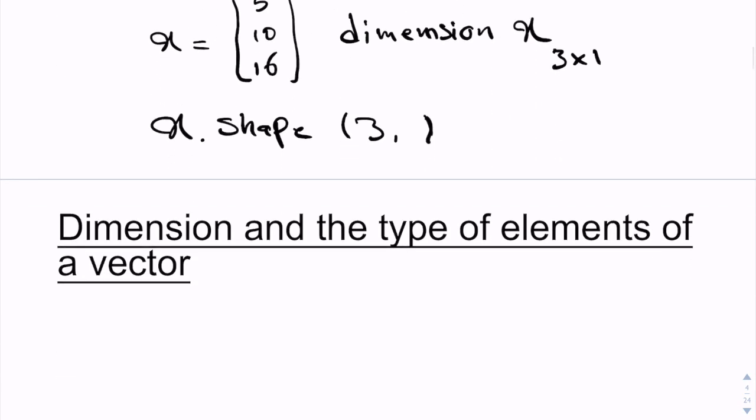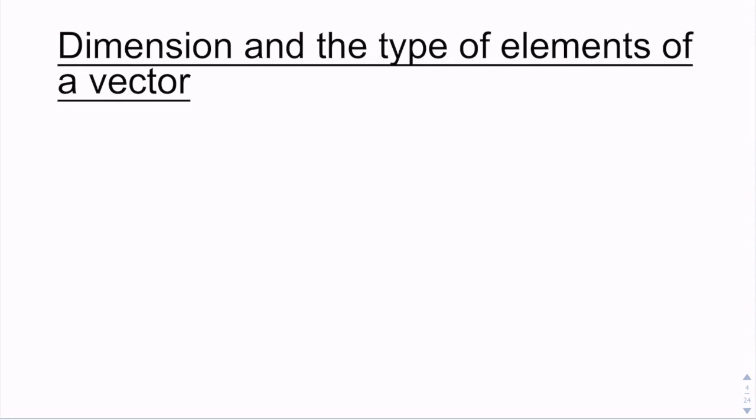Okay. More on the dimension and type of elements of a vector. Here we want a notation, not informal language. We want a formal language in which we can present a vector, in other words, we want to speak mathematically.